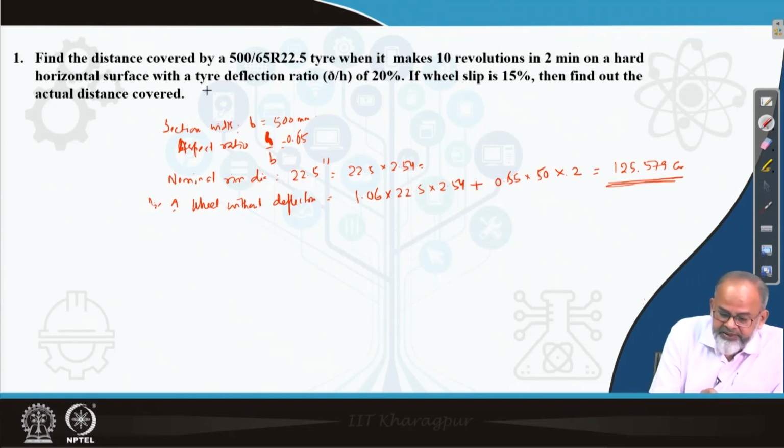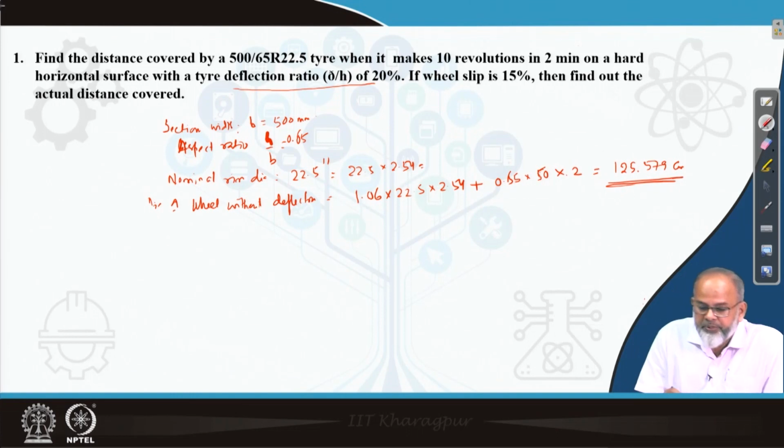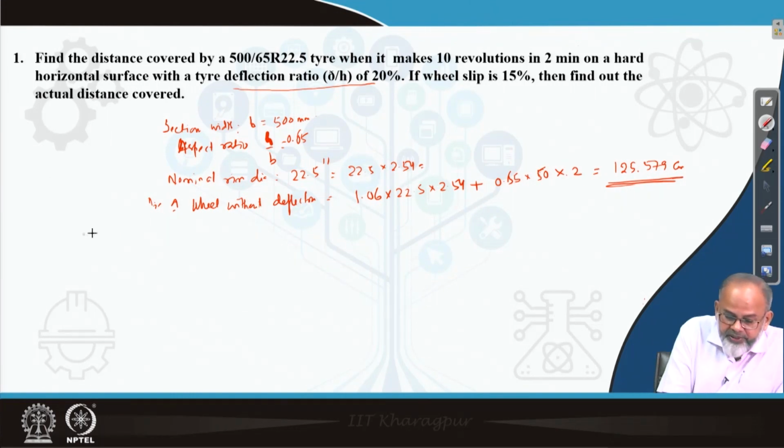But in the question it is given that there is a deflection of 20%. So how to find the static loaded radius, that is important. So 20%. H was how much? H will be equal to 0.65 into 50.